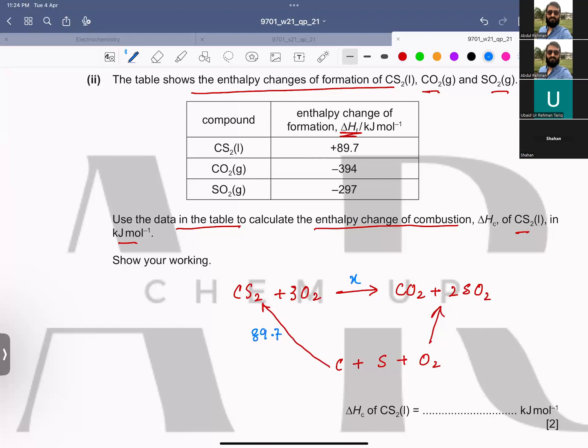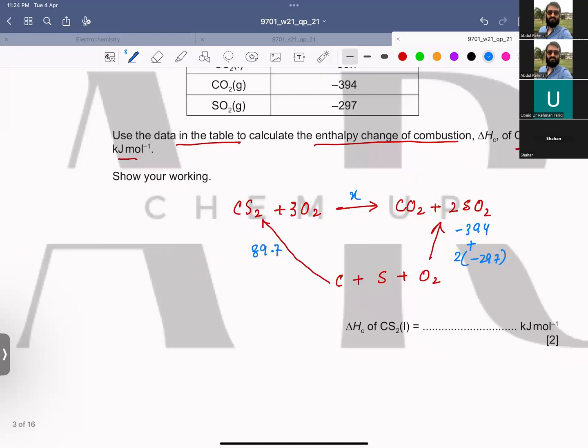On the right side, we have the formation of carbon dioxide, which is minus 394, and the formation of sulfur dioxide, and there are 2 moles, so plus 2 times minus 297.